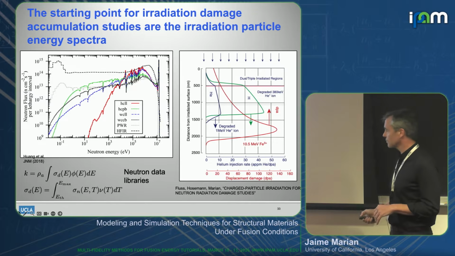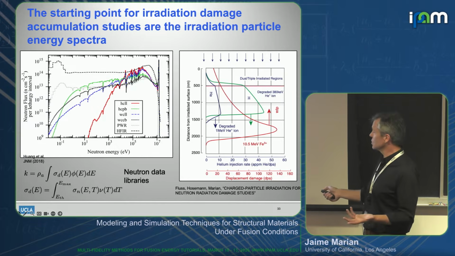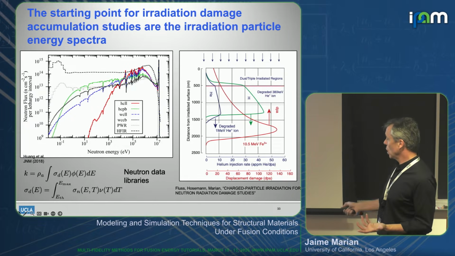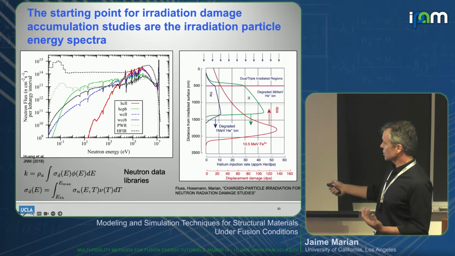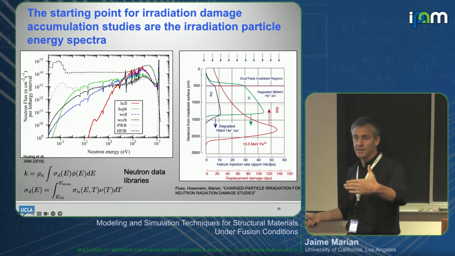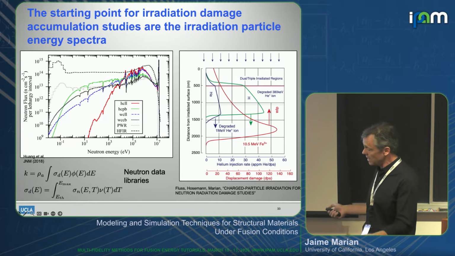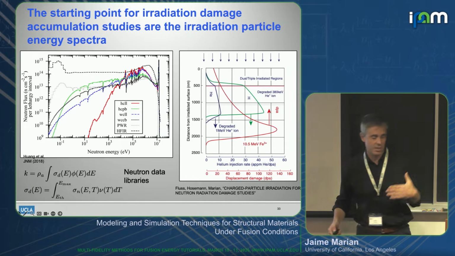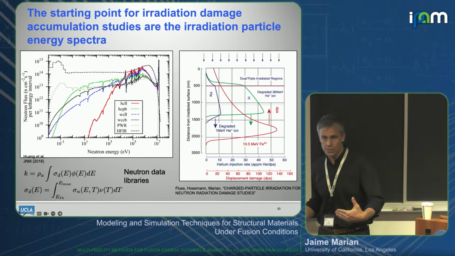If instead of using neutrons you're using ions, well, we have codes that help us characterize how much damage these ions will produce as a function of depth. Ions are subject, especially heavy ions, to strong Coulombic interactions. They're not going to penetrate deep, unlike neutrons in a material.